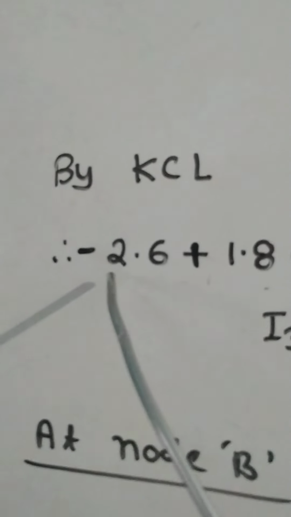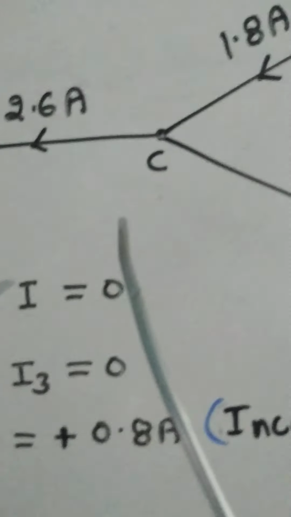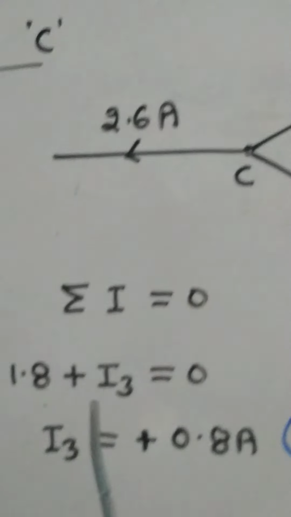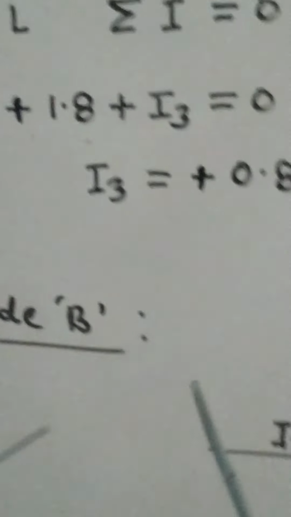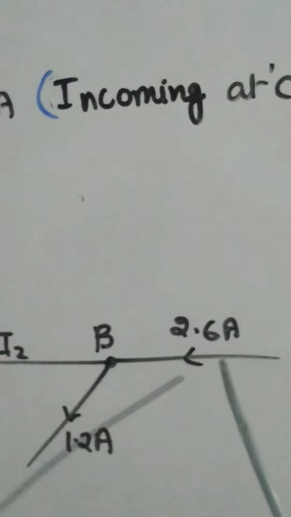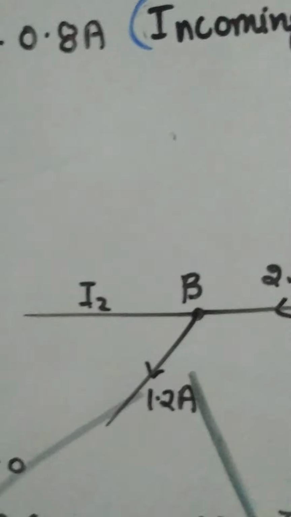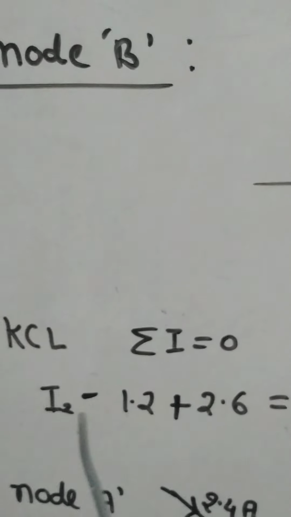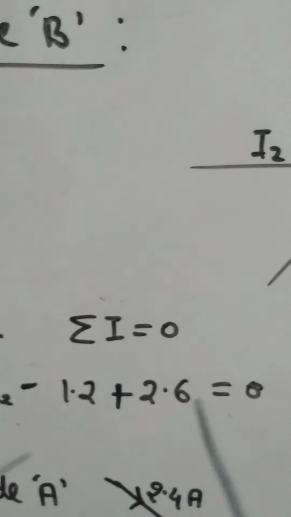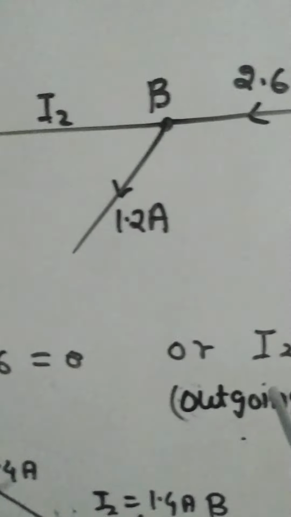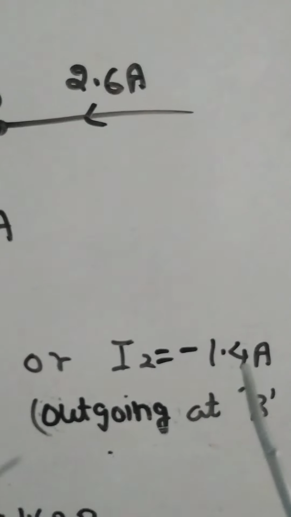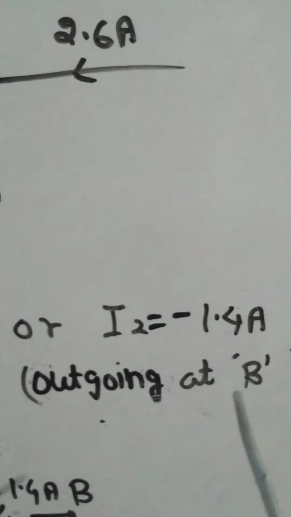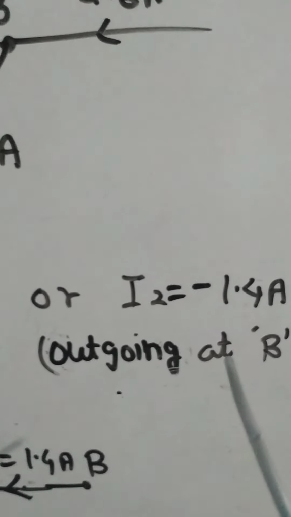The reason was it was the outgoing current for node C. 2.6 ampere is the outgoing current for node C, so it is taken with minus sign. But for node B, 2.6 ampere is the incoming current, so it is taken with plus sign. So I2 minus 1.2 plus 2.6 equals 0, or I2 comes minus 1.4. It means 1.4 ampere is the outgoing current at point B.